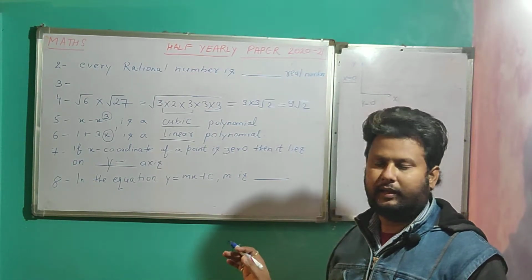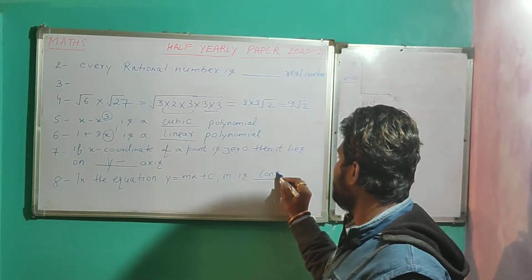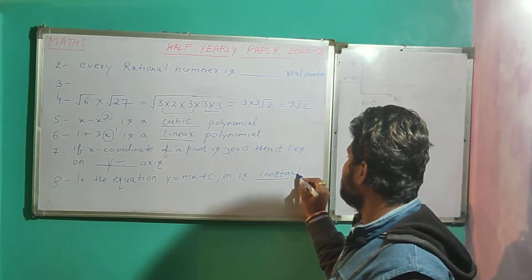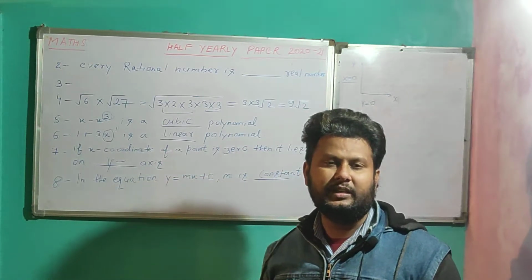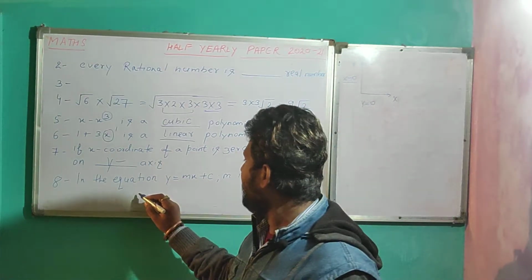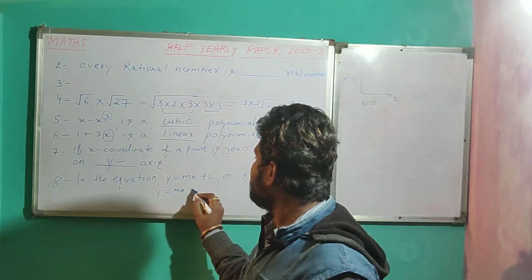You can say in this equation m is constant, but actually m represents the slope, because y is equal to mx plus c.